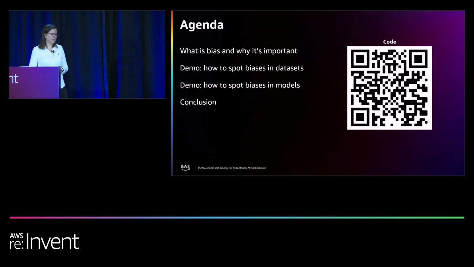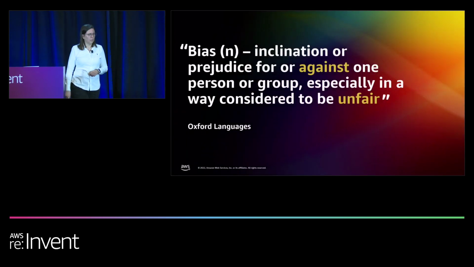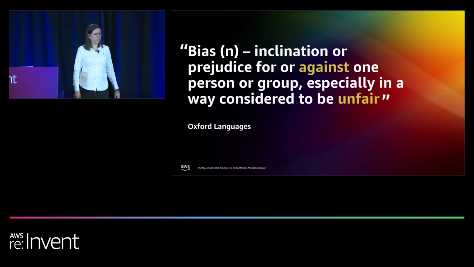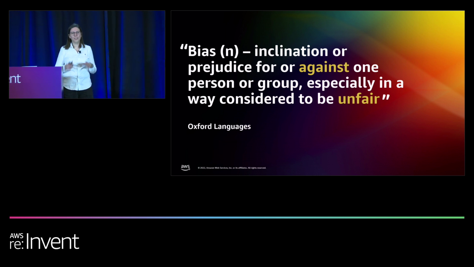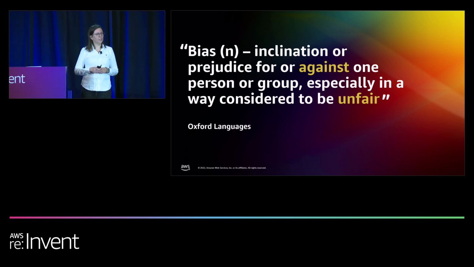So what is a bias? A bias is an inclination or prejudice for or against one person or group, especially in a way considered to be unfair. What is important is that in artificial intelligence, when you have biases in models, the model will make more mistakes for some people, for a group of people, than for the others.